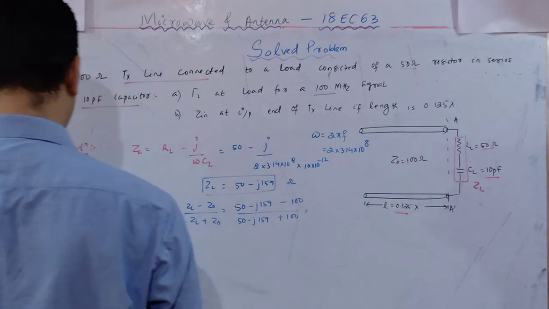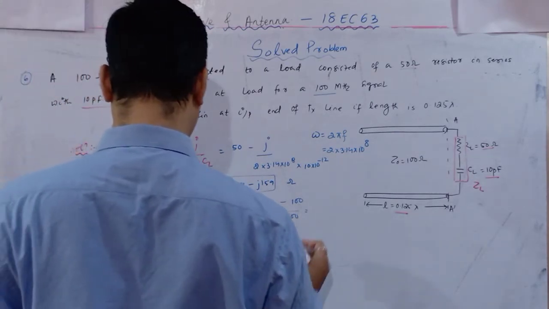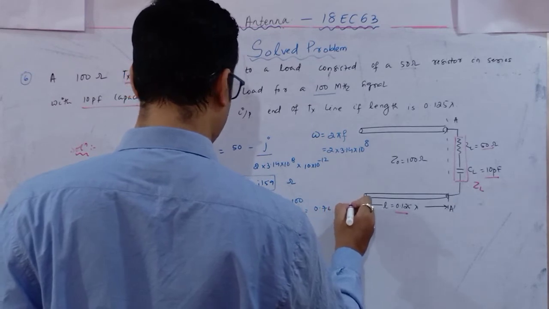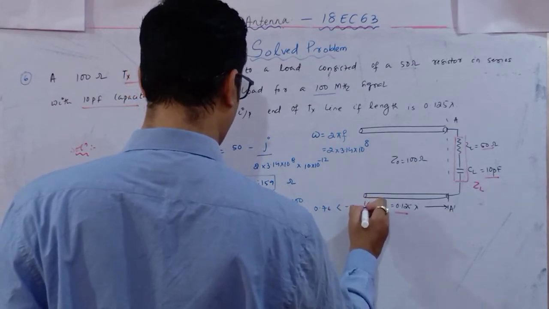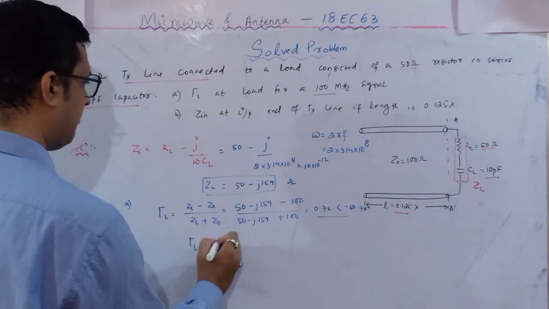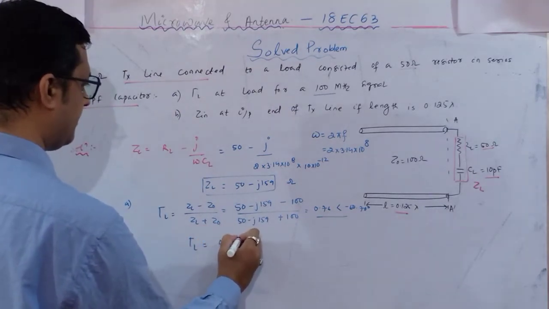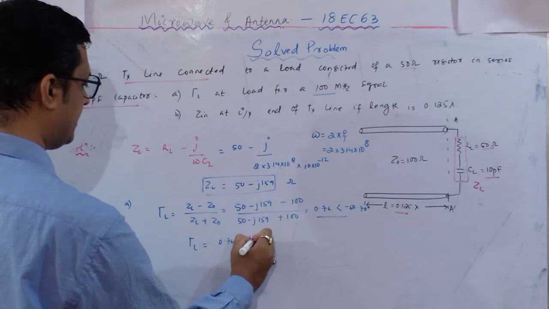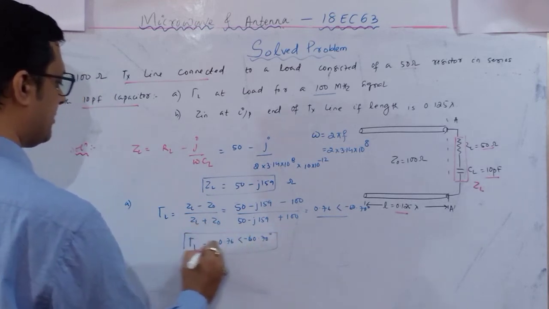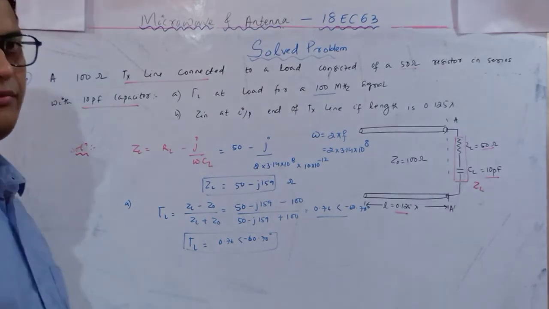You solve this complex term, you will get around 0.76 angle minus 60.70 degree. So this is my reflection coefficient.